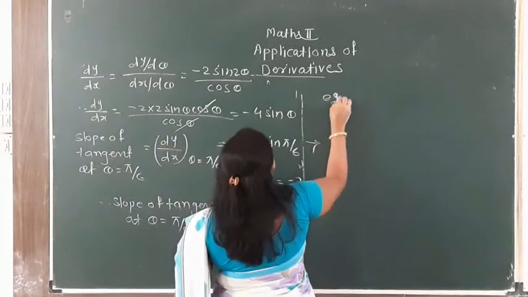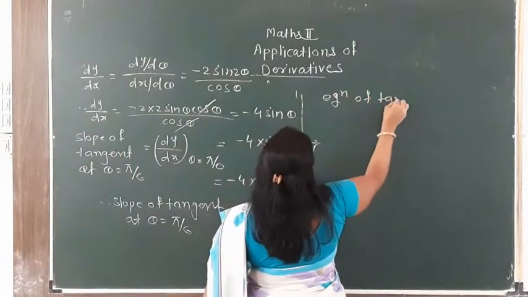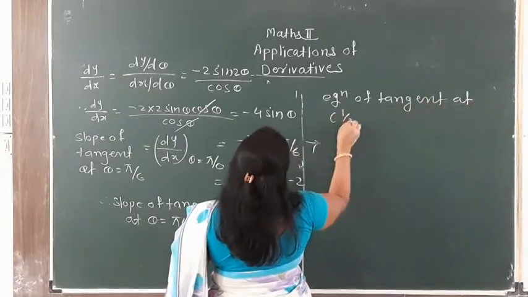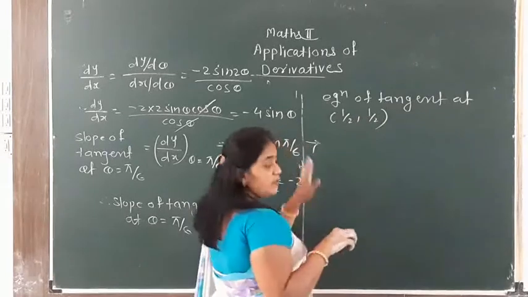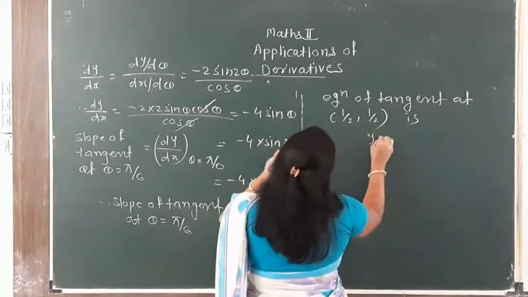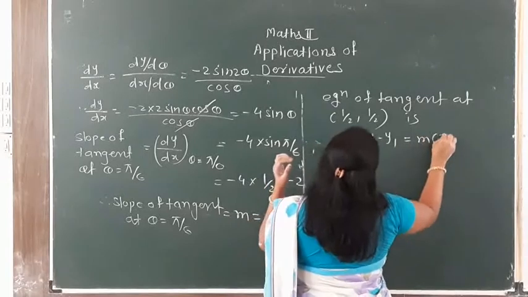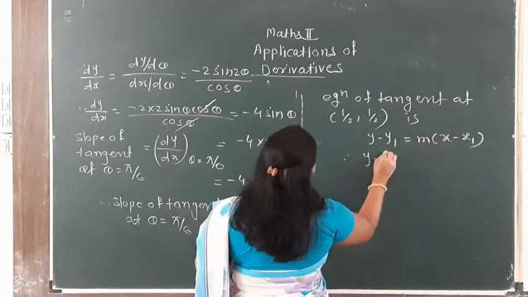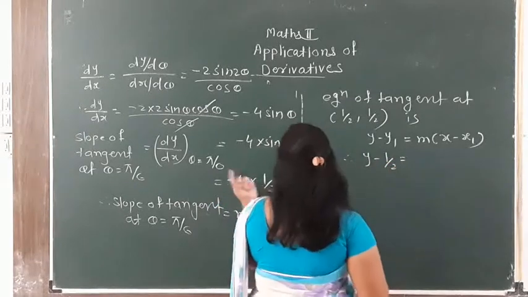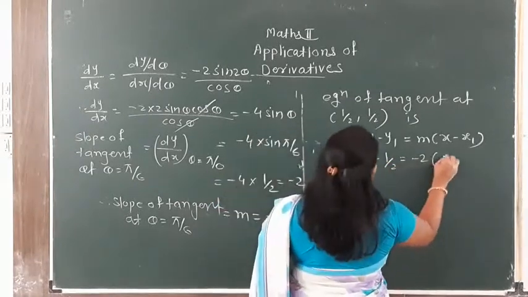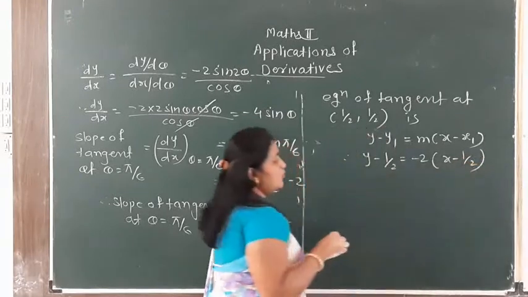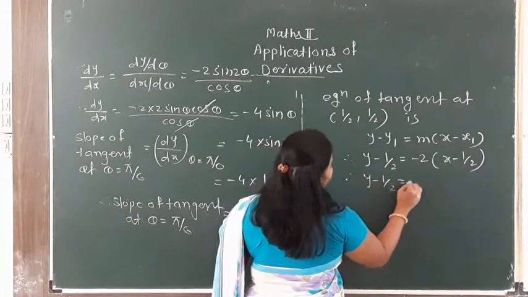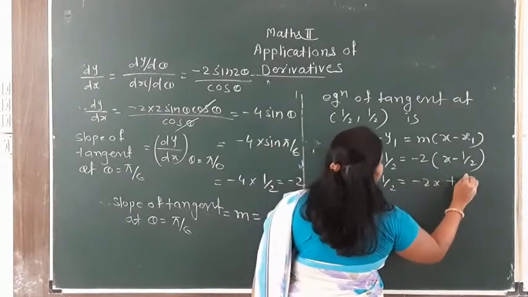So the equation of the tangent at the point (x1, y1) is y minus y1 is equal to m times (x minus x1). Now substituting the values, y minus 1 by 2, and what is the value of the slope here? Minus 2, times (x minus 1 by 2). Now simplify: y minus 1 by 2 is equal to minus 2x plus 1.